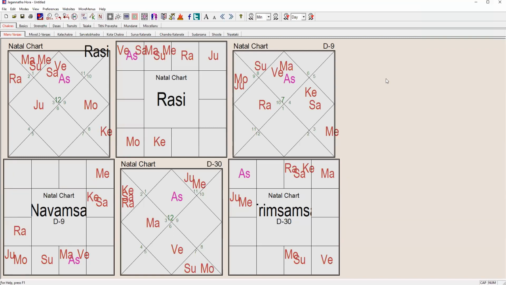Otherwise, Saturn will do what is his nature: problems. And also in D30, what is D30? Ritus. Ritus means you need to put some limitation to control this. So Saturn is affecting from every level. Venus is also doing the same thing here. So the things related to Saturn and Venus, you have to follow some restrictions on them.